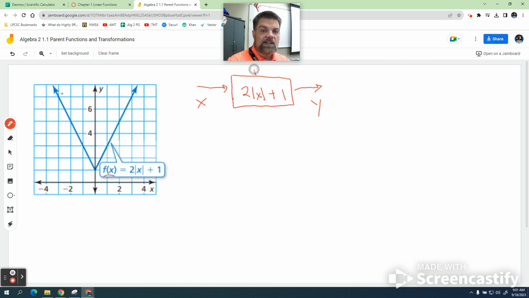Okay? And we call this equation a function, lowercase f. Okay? And so my y value, my output, is really the value of the function evaluated at whatever I plug in for x.